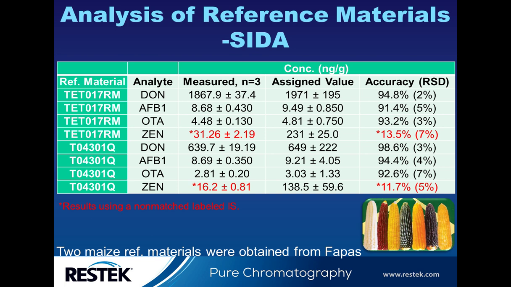Why is that? Because, as I said, I didn't buy the internal standard for this compound. So I just used the closely eluting aflatoxin G1 internal standard as an analog to see if it could serve as a substitute internal standard. But it's quite obvious it's not accurate and the results are not acceptable.